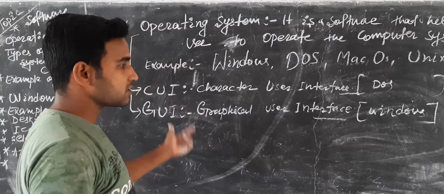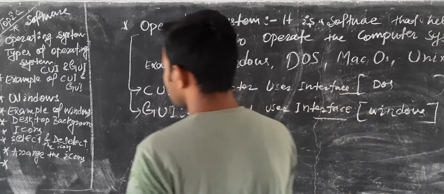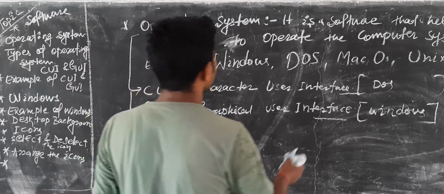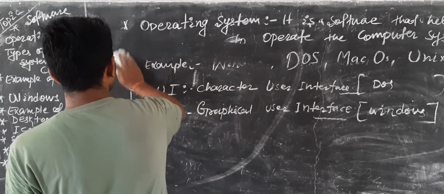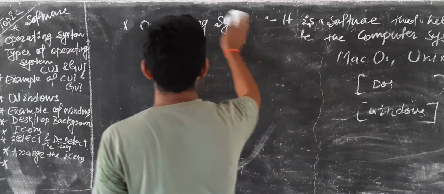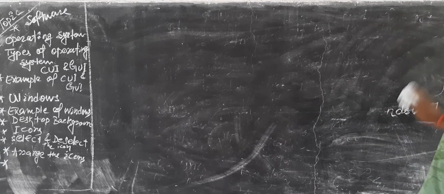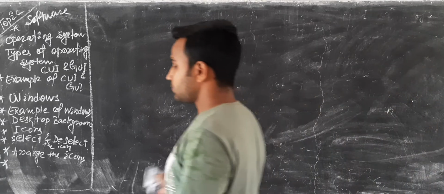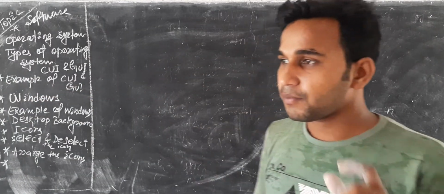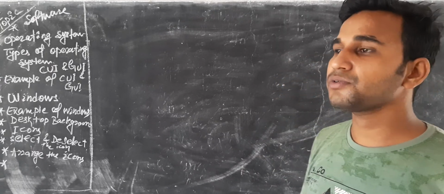A graphical based operating system is easy to use. So we will learn about Windows now. An operating system has two types, CUI and GUI.